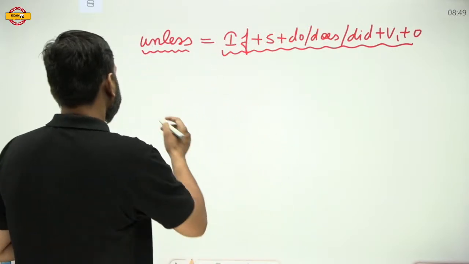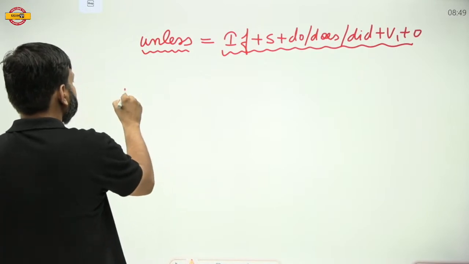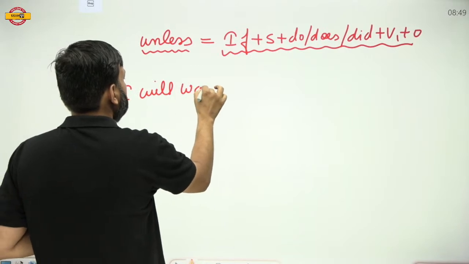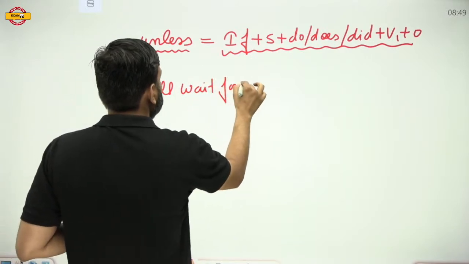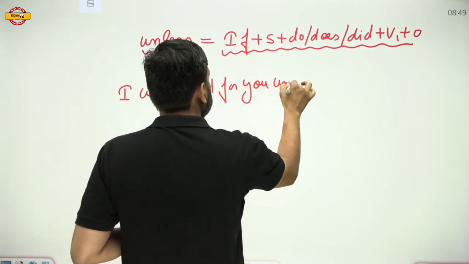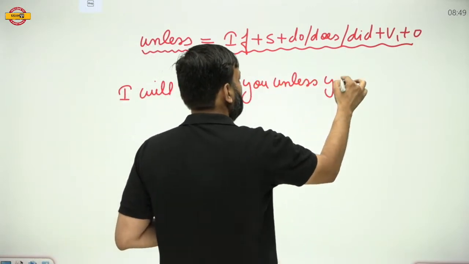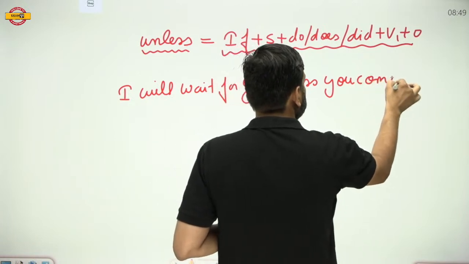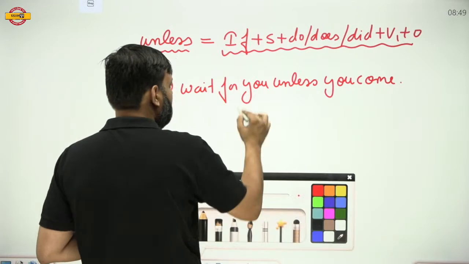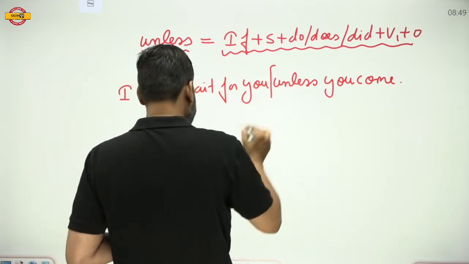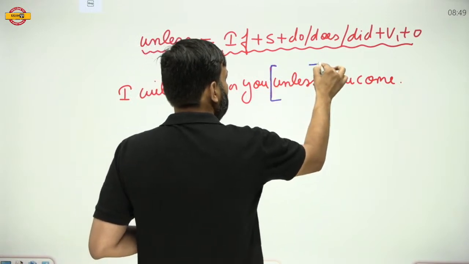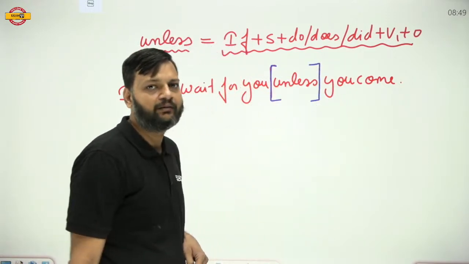For example, if I write, I will wait for you unless you come. Now you might be confused whether to use unless or until.